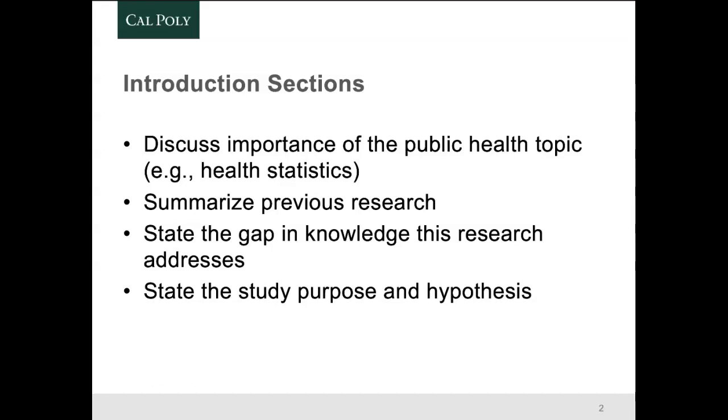In terms of how you justify the importance of a health topic, we might use things like health statistics. For example, a lot of tobacco-related papers talk about how tobacco use is the leading cause of preventable death and disease. That helps justify the importance of why we're writing a research paper on tobacco use.